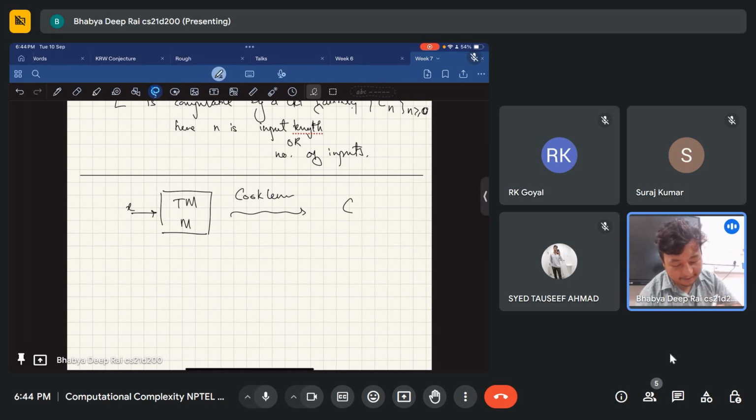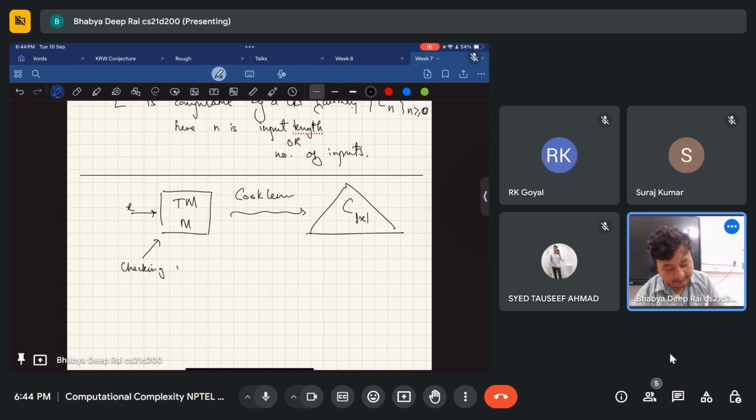Now here, using Cook-Levin, we get a circuit. That's why I'll put a subscript here with the length of x. So Cook-Levin gives me a circuit here. Now what was the ultimate aim of that? I'll call this circuit phi, to be more accurate.